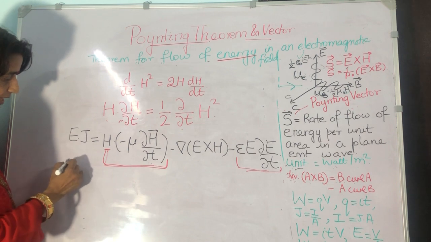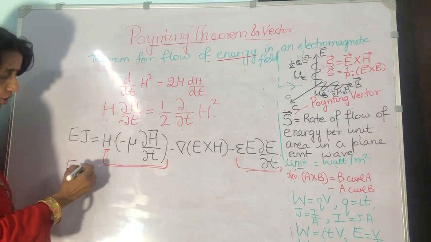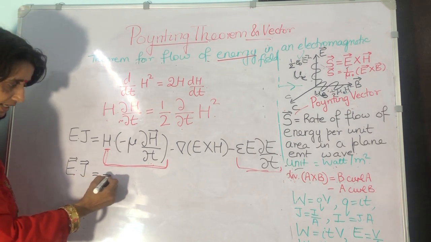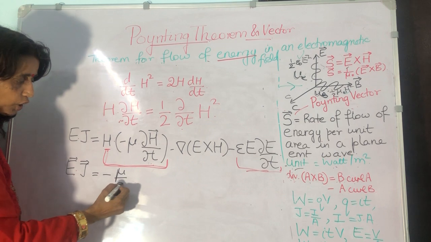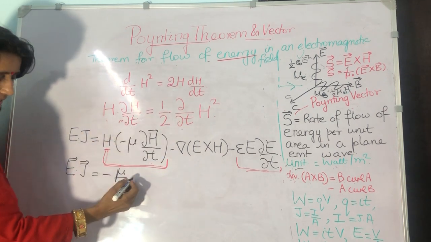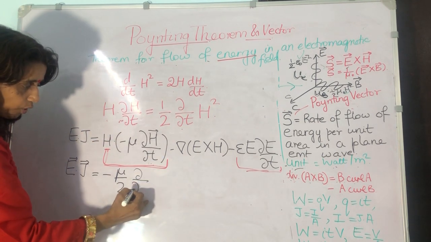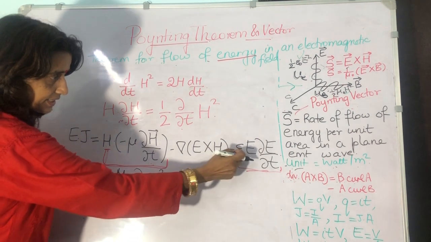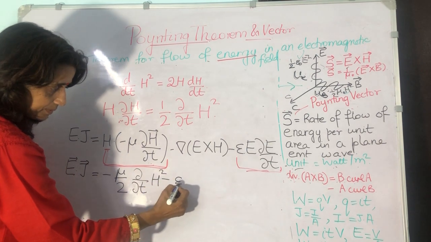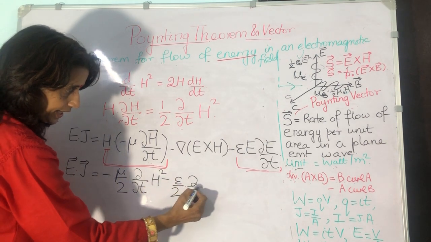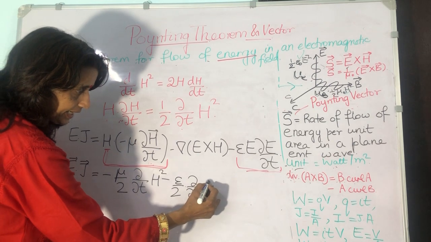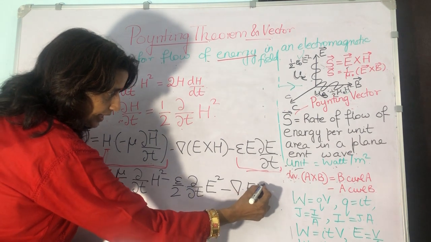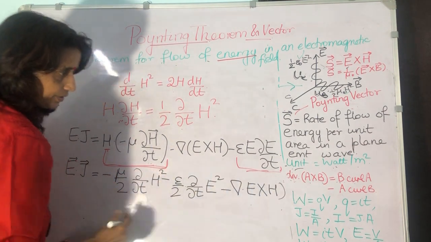I can write my expression as E dot J, which is basically work done in an electromagnetic field, minus mu upon 2, this 2 will get cancelled, del upon del t H square, minus this term, we will write it first here, epsilon upon 2 del upon del t E square, minus del dot E cross H. Right?